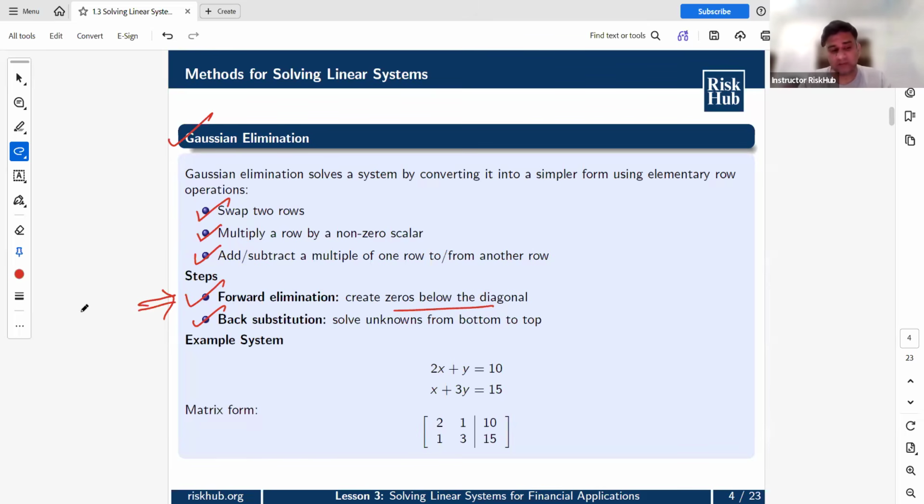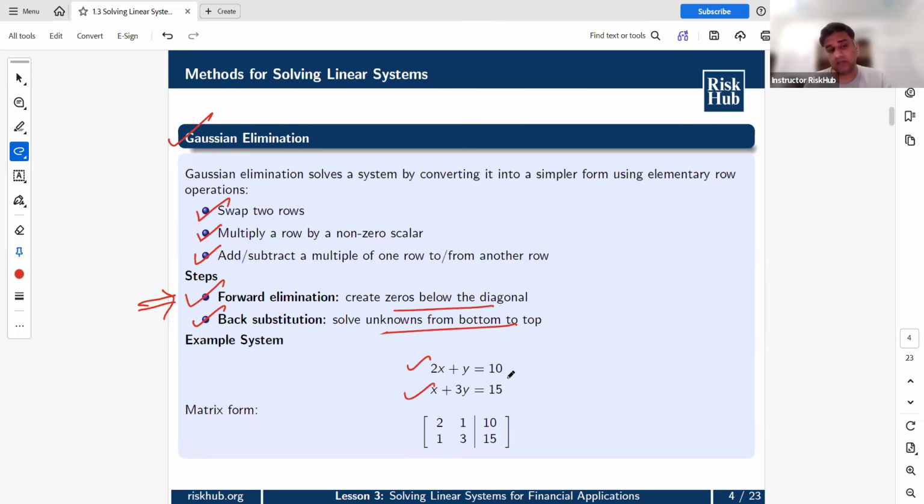Why do quants care about all this? Because many algorithms internally use elimination ideas: your regression, your Kalman filters, your PDE solvers, your finite difference methods, your optimization engines, right? And this is your foundational infrastructure mathematics, right? That we need to understand.